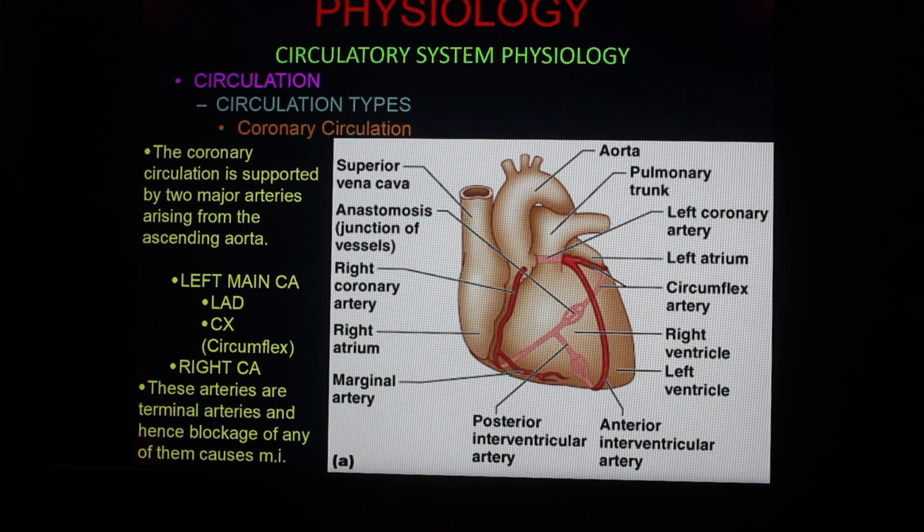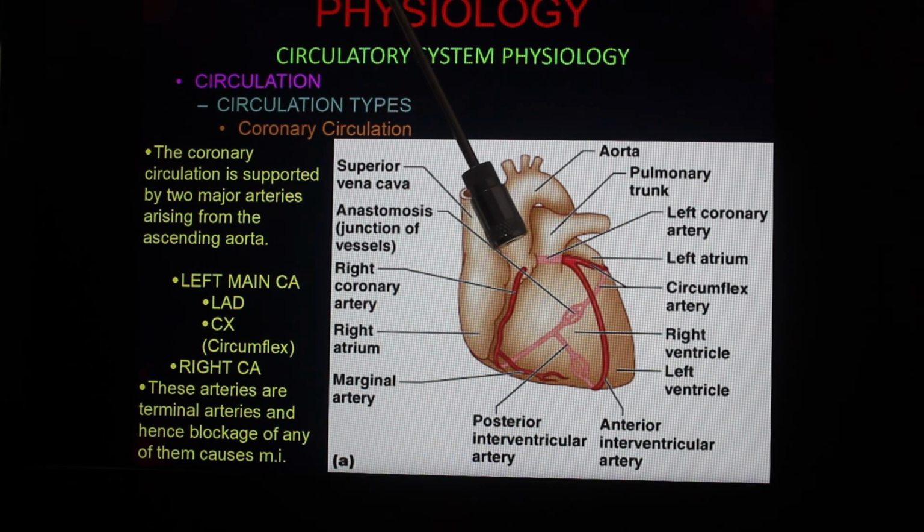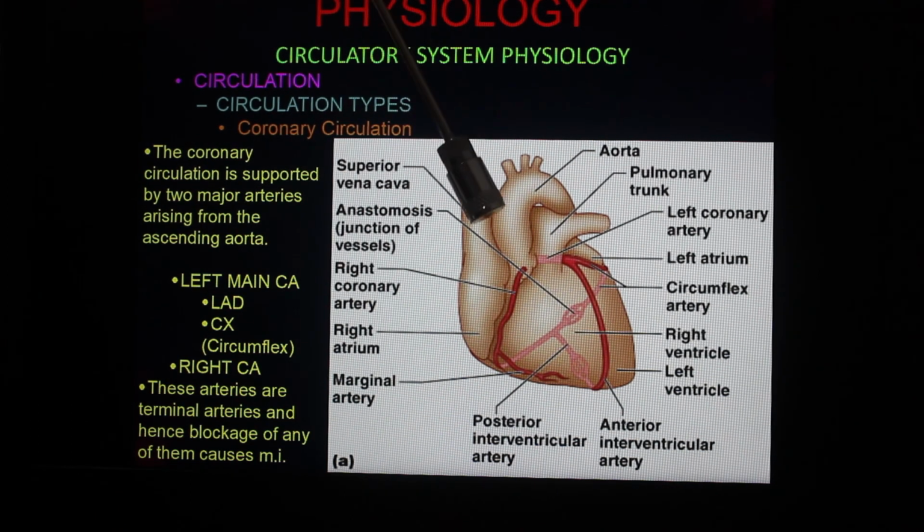The coronary circulation is supported by two major arteries arising from the ascending aorta. Now, this part is the ascending aorta, and the very first arteries coming out from the ascending aorta are the coronary arteries themselves. The two coronary arteries are named the left coronary artery and the right coronary artery.